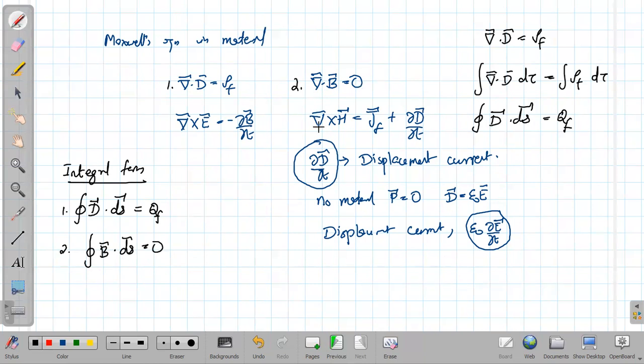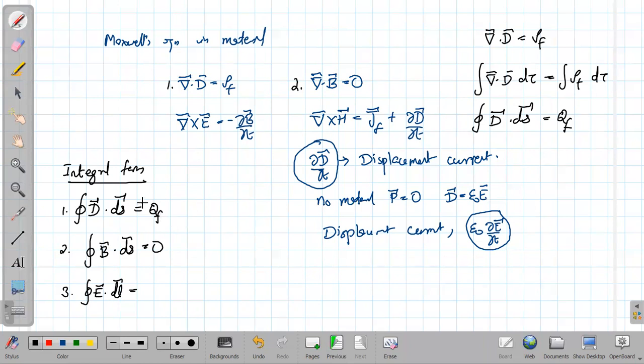And for the second equation, since the right side is 0, you will get the closed integral B·da equal to 0. And what about the third equation? The third equation would give the closed integral E·dl equal to... it is already known to us.